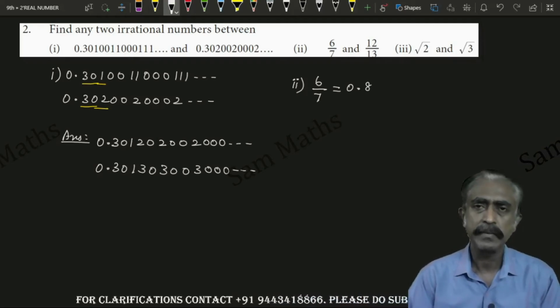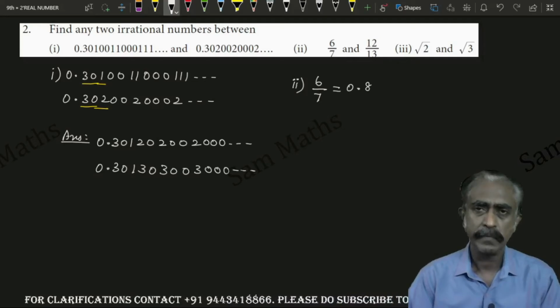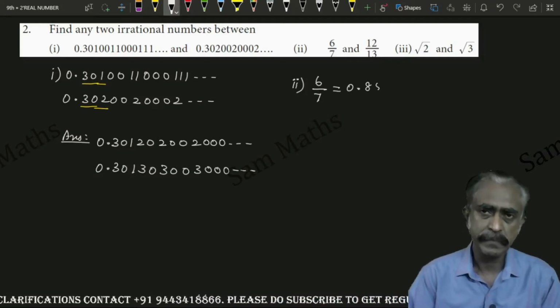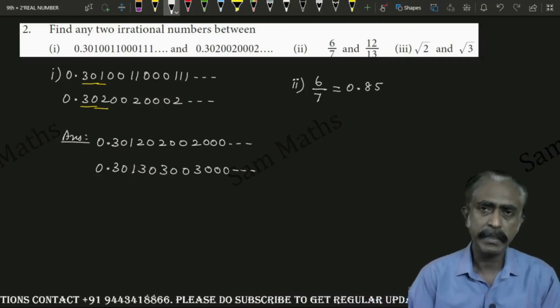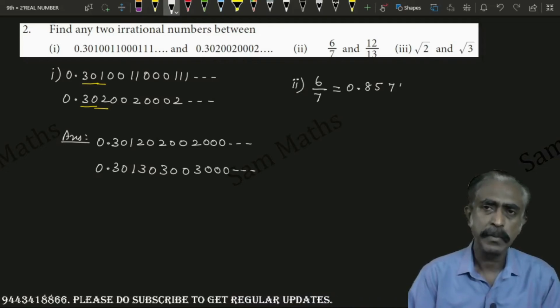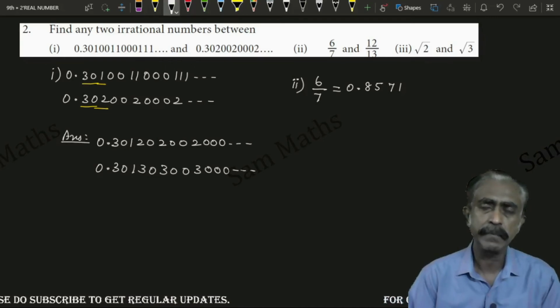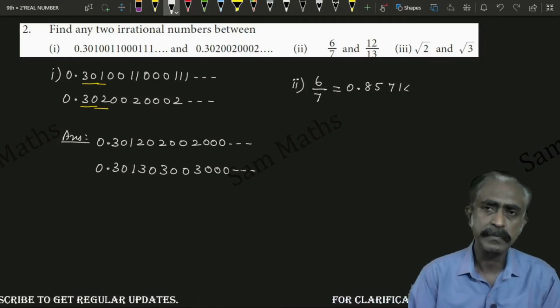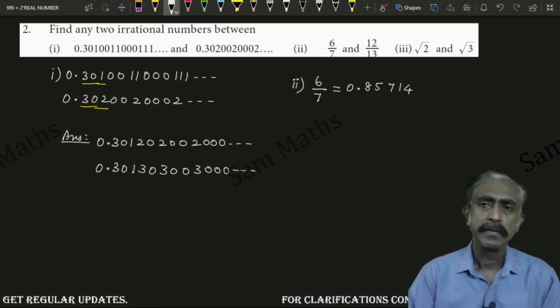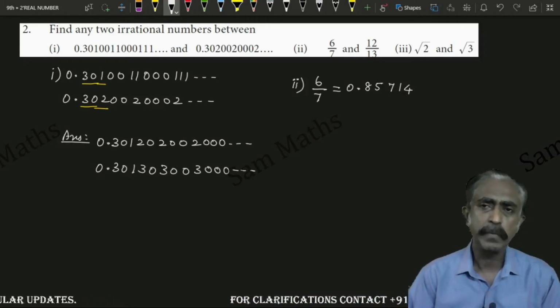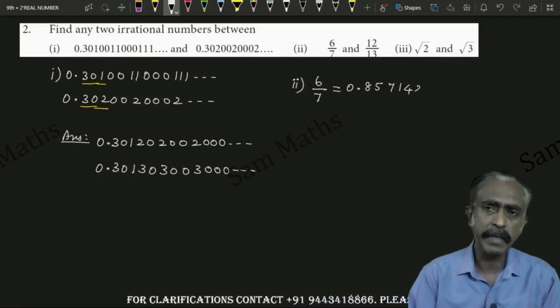After that 4 balance 40, so it's 5. 5 balance 50, so it's 7. 1 balance 1 time. 3 balance 30, it's 4. 2 balance 20, it becomes 2 times.